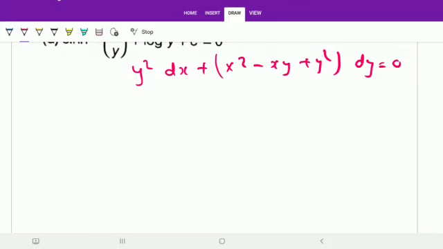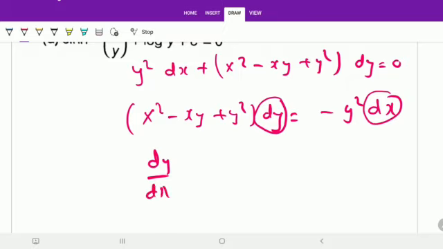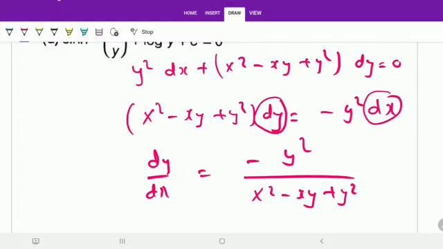So on the left hand side I need dy by dx only. So first thing I do is I just keep dy on the LHS and this minus y square dx on the other side. Now I just take dx on the left hand side, so we get dy by dx. Take everything else on the other side, so minus y square upon x square minus xy plus y square.